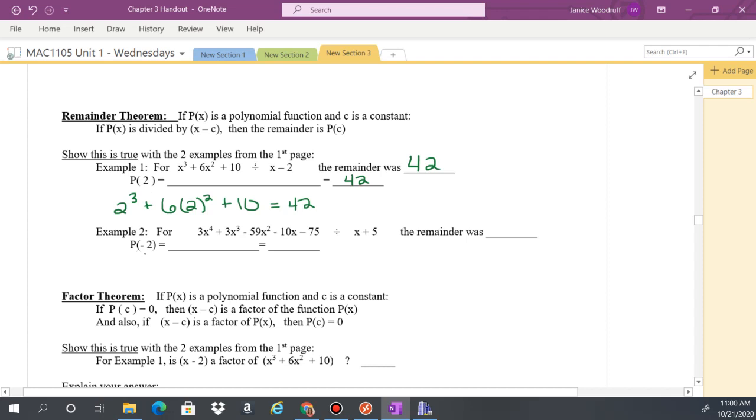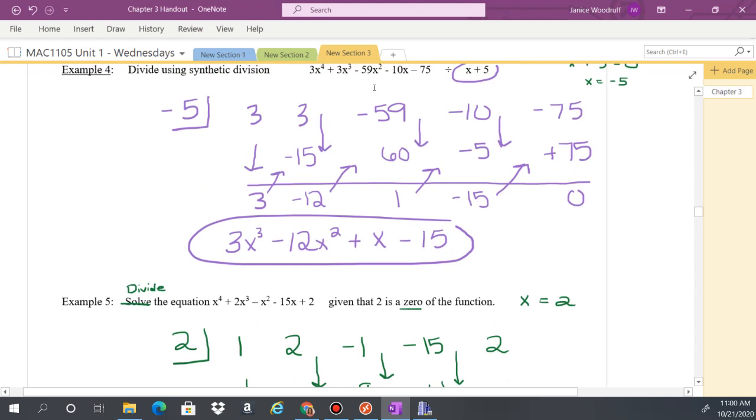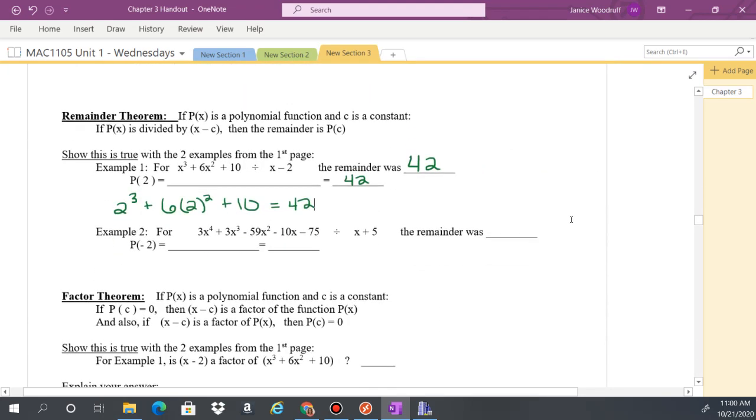Or for example, the one right before the last example, example 4, we had a remainder of 0. So if I plug negative 5 into the function, I should get 0.